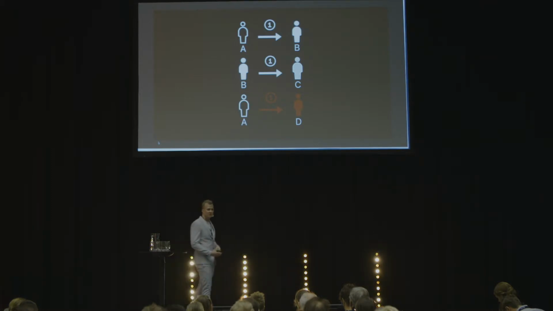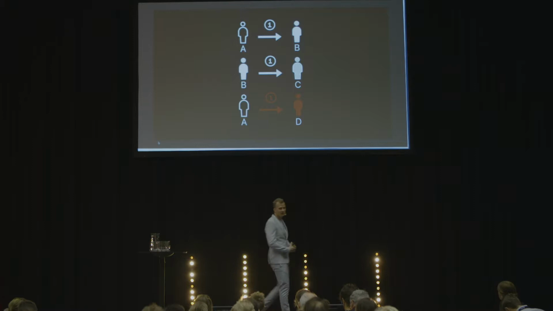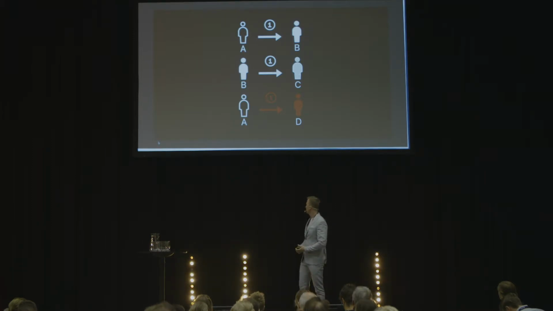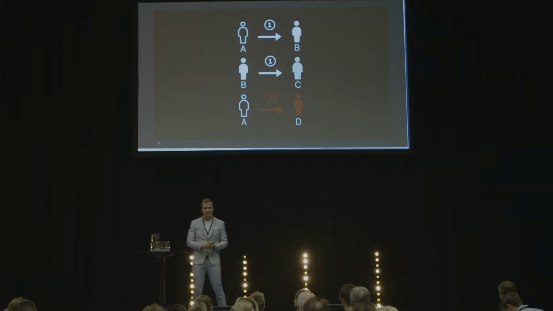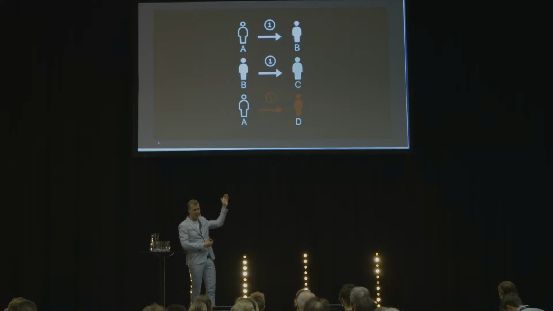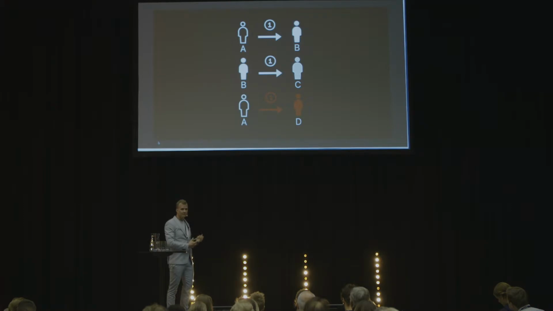In traditional systems, like in the banks, we would require that the bank keep this order of transactions for us. So, what we want to do is to actually create a system where we don't need to trust a third party, like the banks, but be able to achieve the same thing.